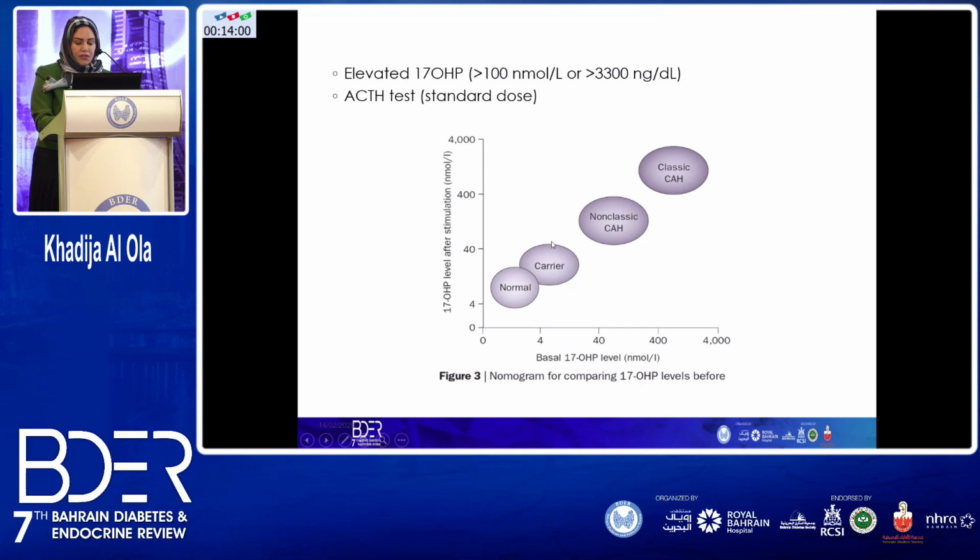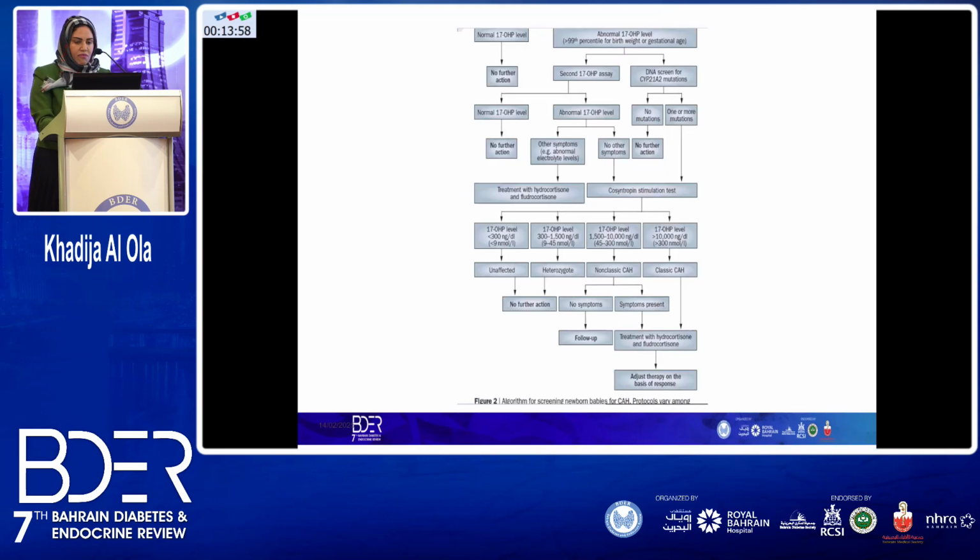They don't have the disease, they just carry the disease. And these are the levels. I saw it different in another place. The normal is less than 9 nanomole. The carrier or heterozygous is between 9 and 45 nanomole. In non-classic, between 45 to 300 nanomole, and more than 300 is classic CAH.